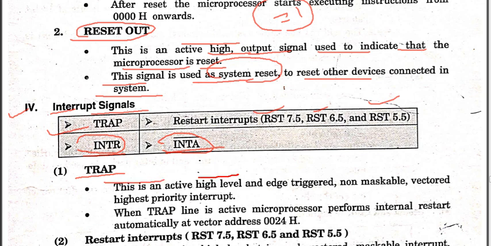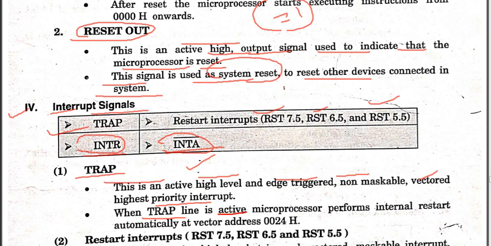So this is the active high, level and edge triggered, non-maskable, vectored, highest priority interrupt, ठीक है। तो ट्रैप जो है वो हाईएस्ट लेवल एज ट्रिगर इंटरप्ट है, which is under the category of vector, and it has the highest priority as compared to the others.